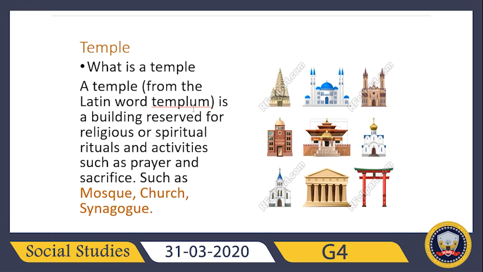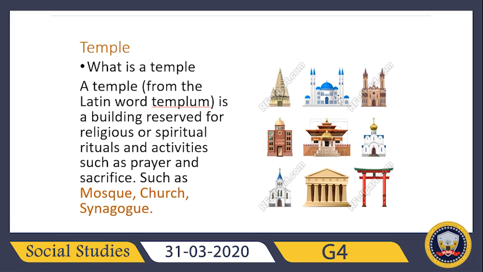It's a building reserved for religious or spiritual rituals and activities such as prayer and sacrifice. I'm going to read again. A temple, from the Latin word templum, is a building reserved for religious or spiritual rituals and activities, such as prayer and sacrifice.